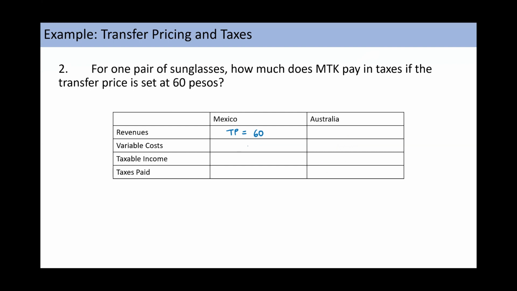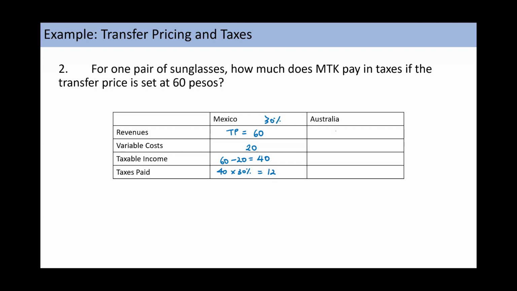And their variable cost is still equal to 20 pesos. So their taxable income is 60 minus 20, which is 40 pesos. With a tax rate of 30%, MTK will pay the Mexican government 12 pesos as tax money.